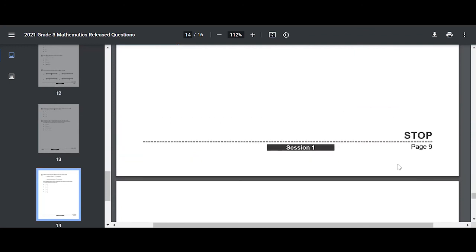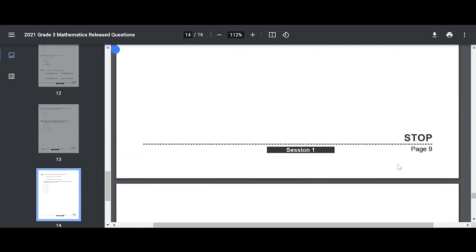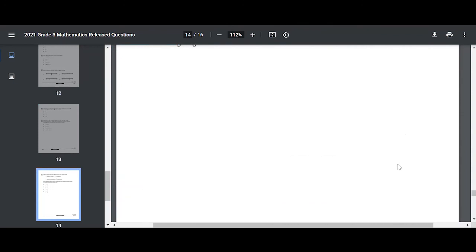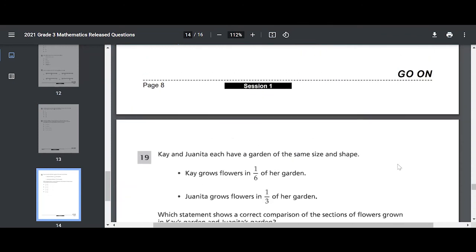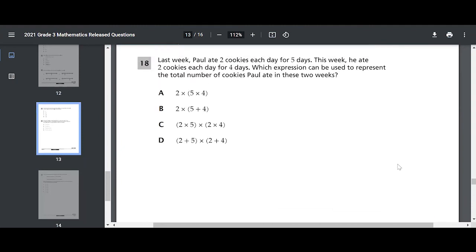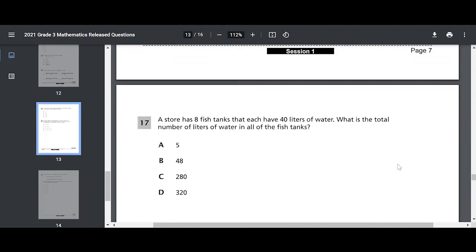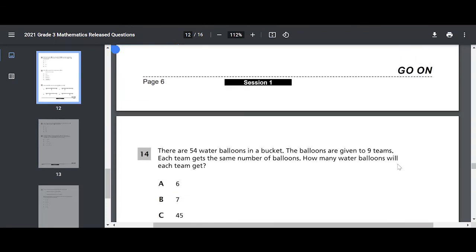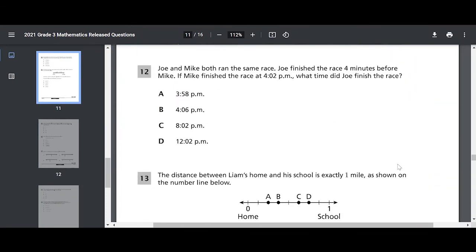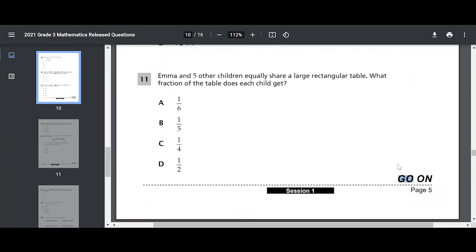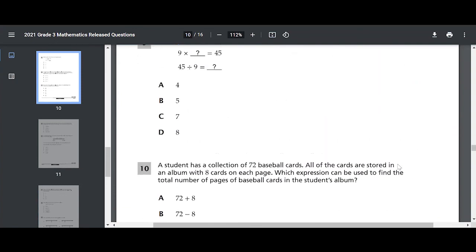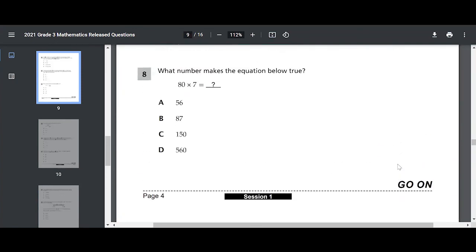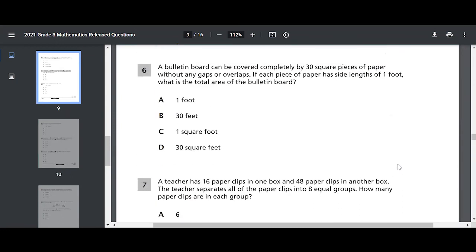This is the end of 3rd grade 2021 mathematics release question. Students, take this opportunity to use this as a resource and practice while you're home. Parents, use this as a resource to go over these math skills with your child.